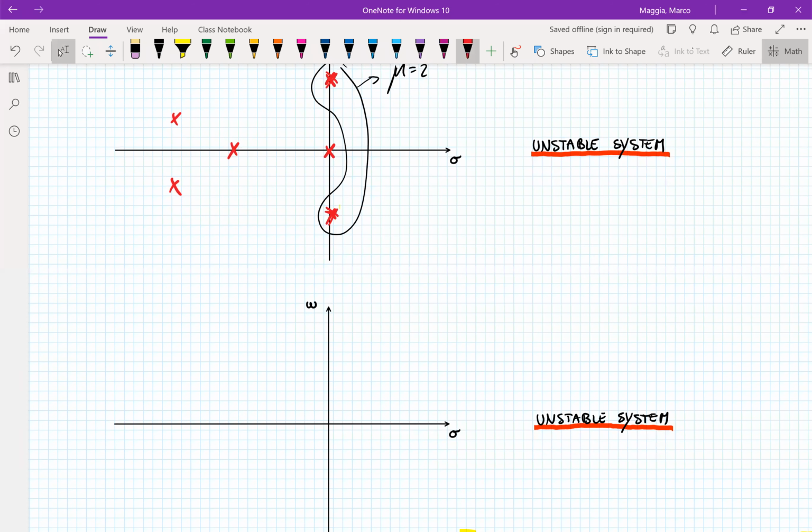Another example of an unstable system is, no matter how many poles we have on the left-hand side of the S-plane, as soon as we have one pole on the right-hand side, the system is unstable.